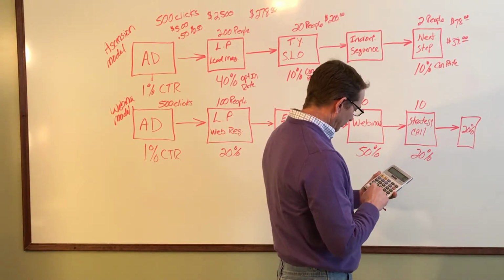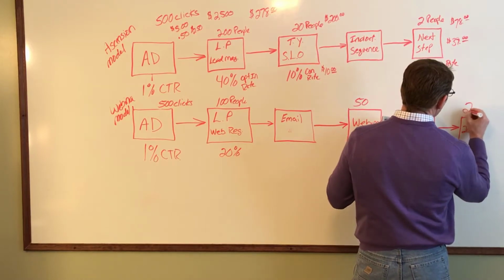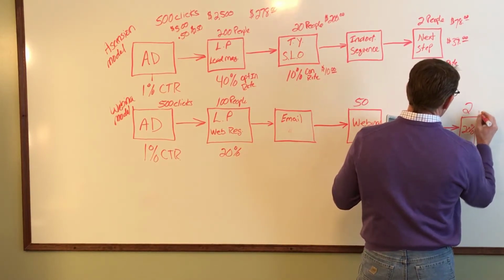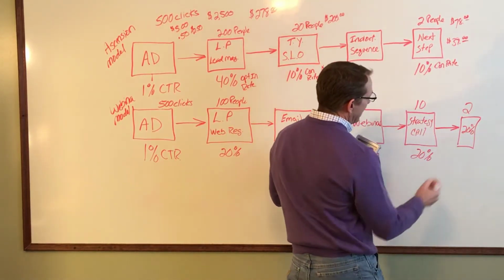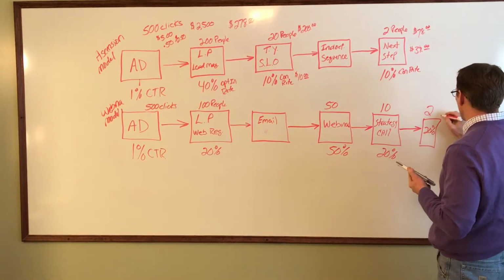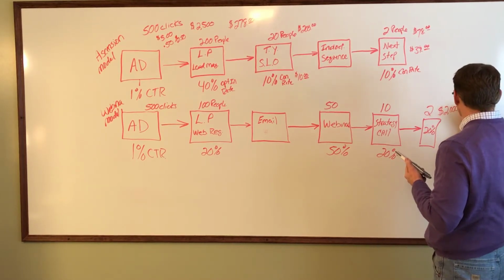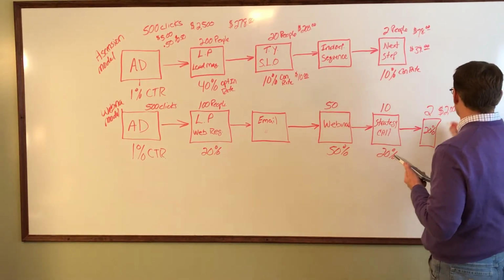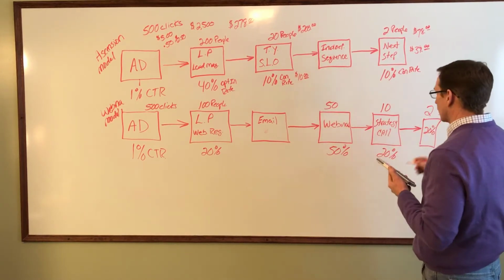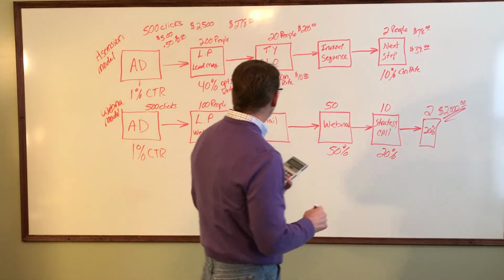And 2 people would become clients. Okay? So let's say, what are you going to be charging here to get somebody that big result, right? You're going to be charging at least $2,000, right? Should be more than that, but that's going to be your worst case scenario.